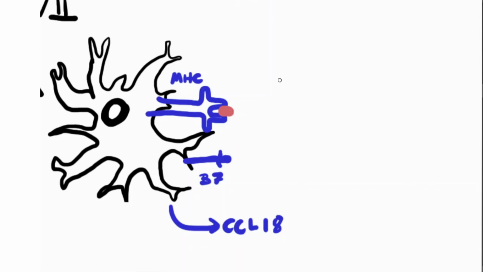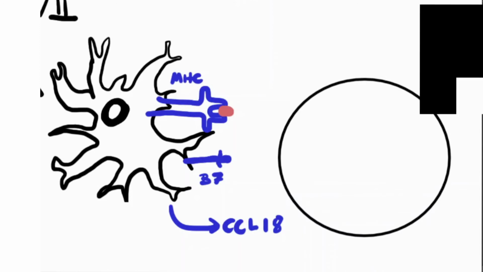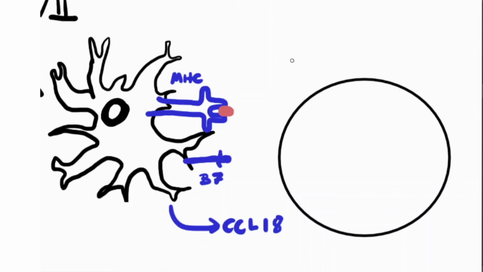But sooner or later, one T cell will show up with a receptor that's able to recognize both the actual peptide itself as well as part of the MHC molecule.